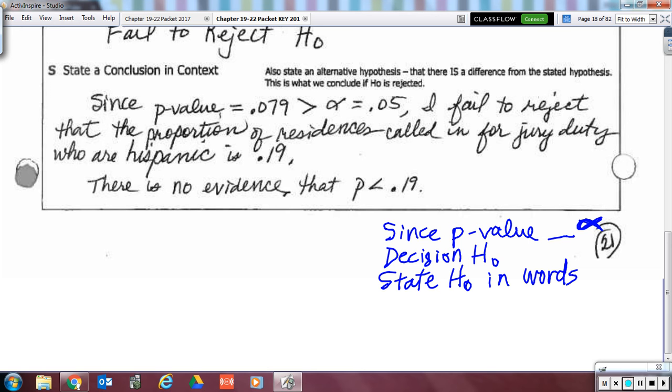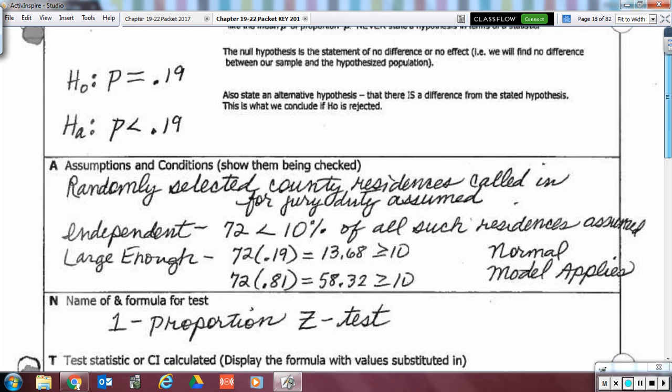Okay, so let me demonstrate. So here's how the conclusion went. First I started out, since the p-value is greater than 0.05, alpha, here's my decision: I failed to reject. Now I recommend that you go up to the top and regurgitate the information from what you've already written.